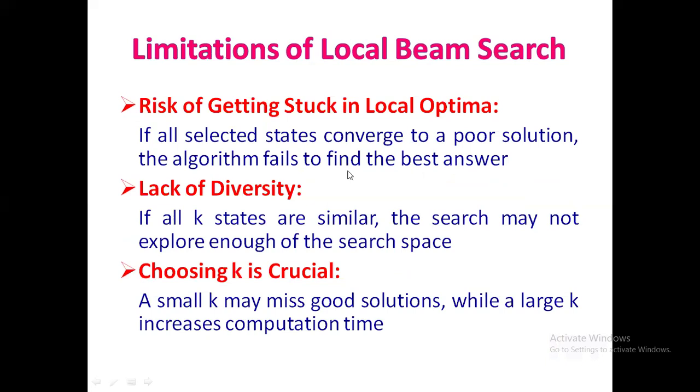Another issue is the lack of diversity. If all k states are too similar, the search may not explore enough of the space to find an optimal solution. Additionally, selecting an appropriate k value is crucial. A small k may miss good solutions, while a large k increases computational overhead. These are all the limitations of local beam search.